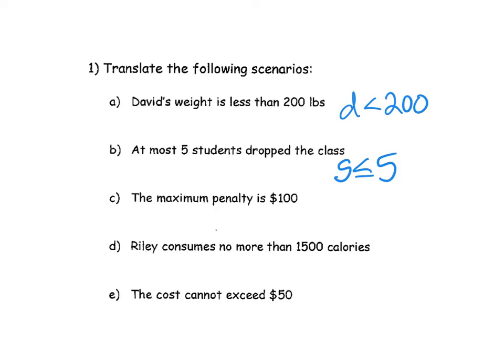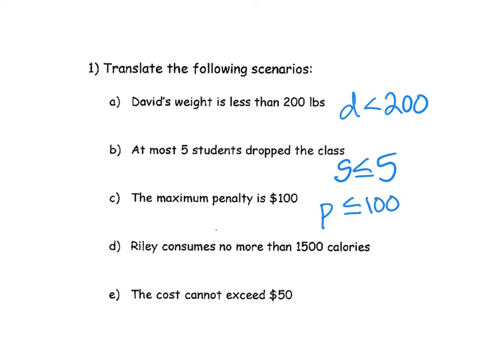Not the same person over and over again. C. The maximum penalty is $100. So that's the most. You can't pay more than that. So would it be less than or greater than? Less than. Could it be exactly 100? It's less than or equal to $100. Good.